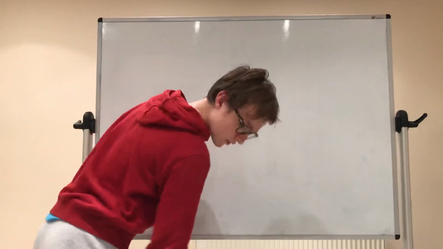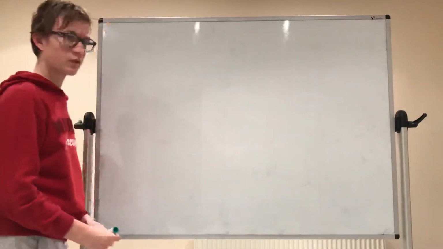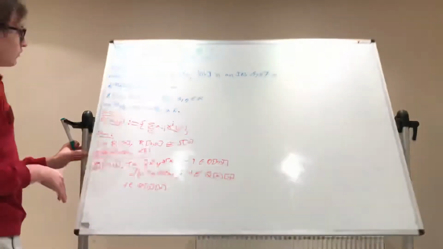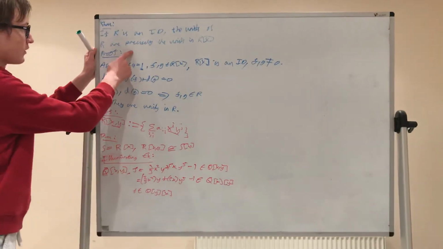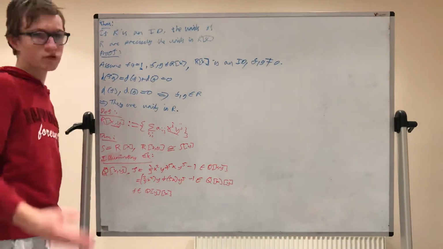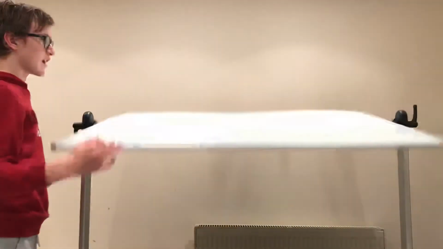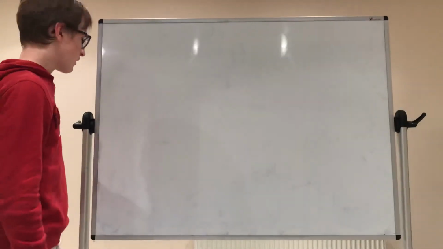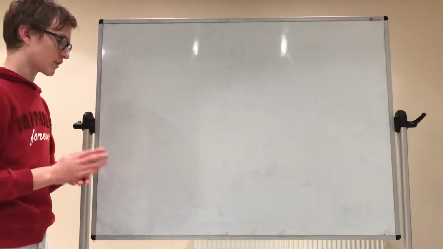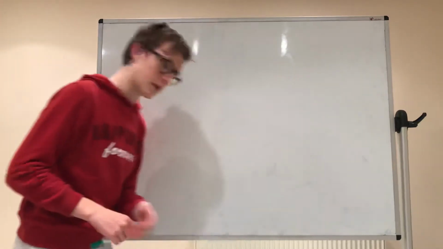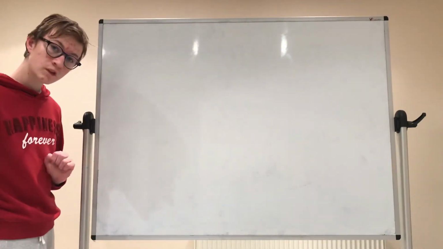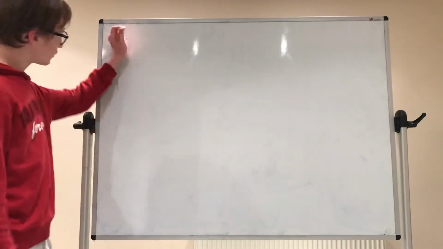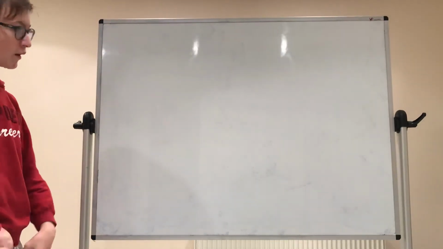And that is a similar one to the one which says that if R is an integral domain, then its polynomial ring R of X is also going to be an integral domain. Well, guess what, chaps? That's going to hold for n variables.